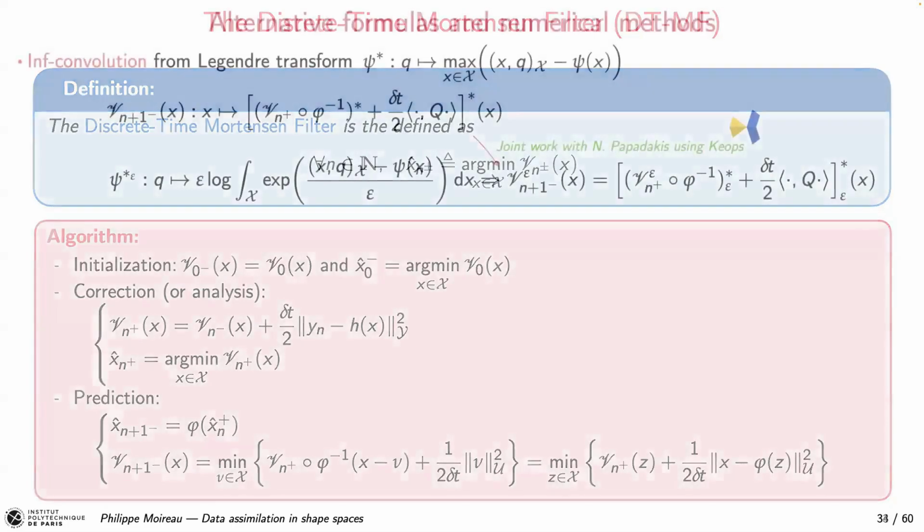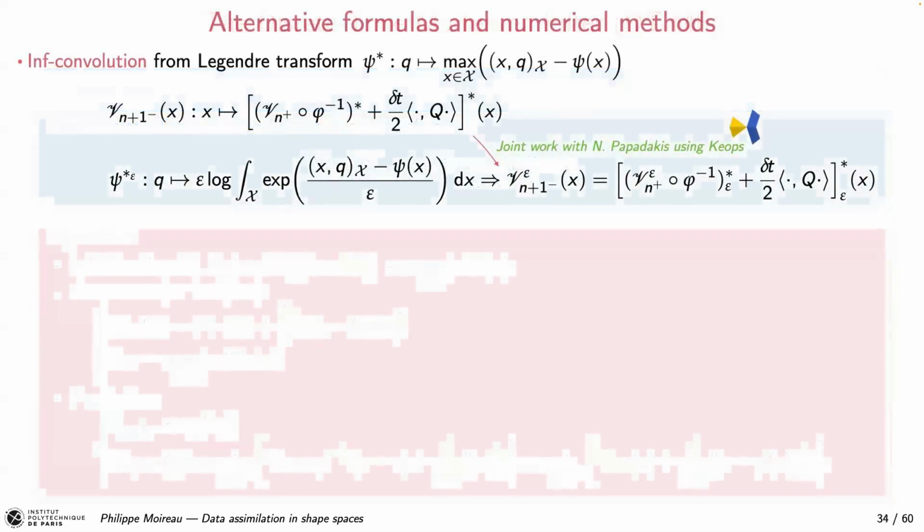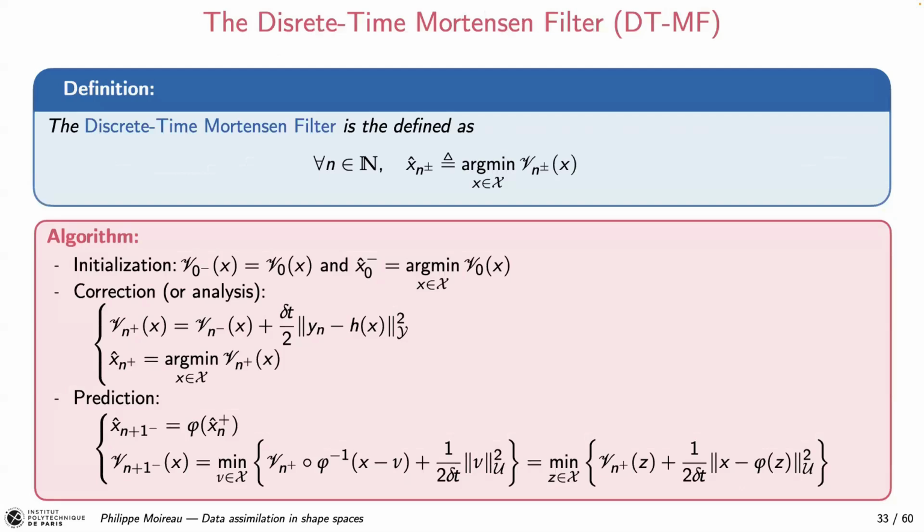And for that, with Nicolas Papadakis last year, we decided to use KOPS to actually solve the difficult part of this equation, which corresponds exactly to a Hopf-Lax convolution of the cost after the correction, where you go back to the characteristic of the model.